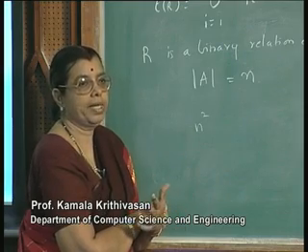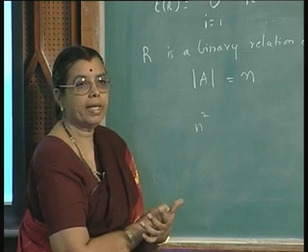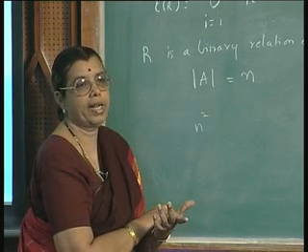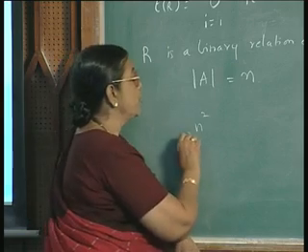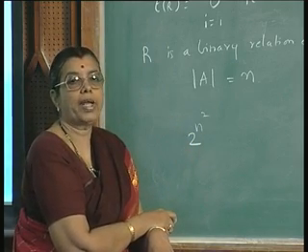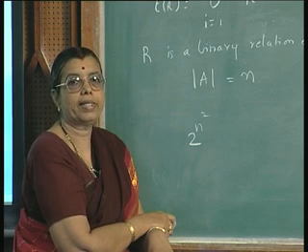There are two possibilities. So that gives you 2 power n squared possibilities. So maximum you can have 2 power n squared distinct relations on A.